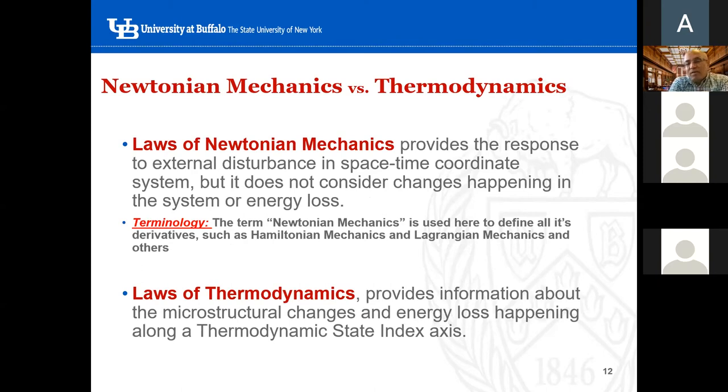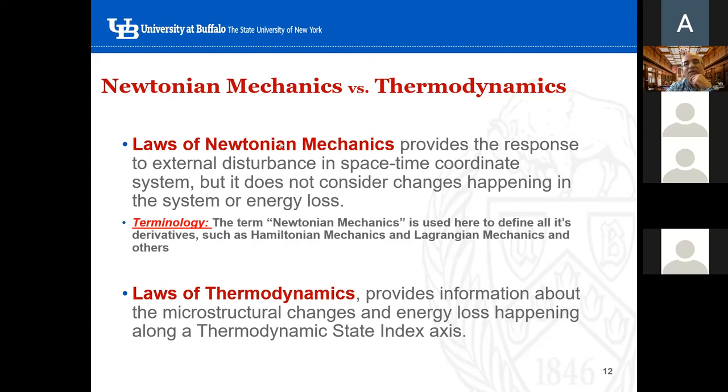Now, when we formulate the mechanics of materials, we have to, of course, use these 2 laws of Newton and laws of thermodynamics. Laws of Newton provide the response to external disturbance in space-time coordinates, but they do not account for changes happening in the system like aging or energy loss.